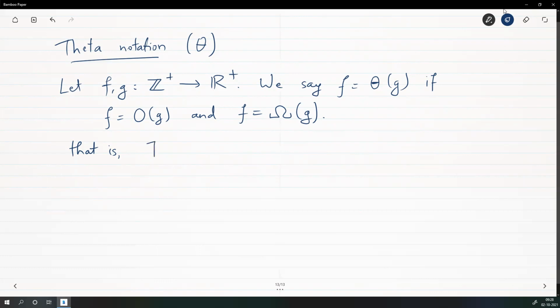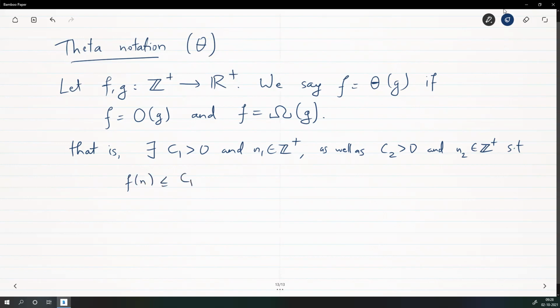So there exists a constant C1 greater than 0 and N1 a positive integer, as well as a constant C2 greater than 0 and N2 a positive integer, such that, C1 and N1 are for the first thing, f of n is less than or equal to C1 times g of n for all n greater than or equal to N1.